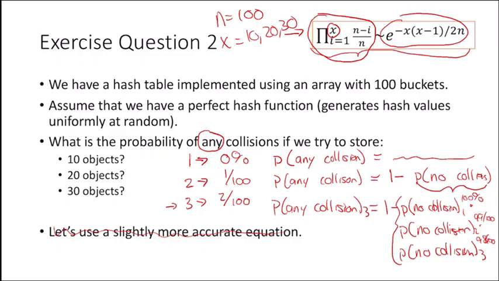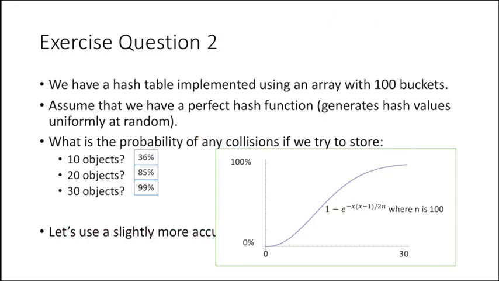That's all we need for this part of the equation: to plug in x and n. And when you plug in x and n, you get a 36% chance with 10 objects, an 85% chance with 20 objects, and essentially at 30 objects, even though you have 100 slots, there's almost a 100% chance that you've had a collision.